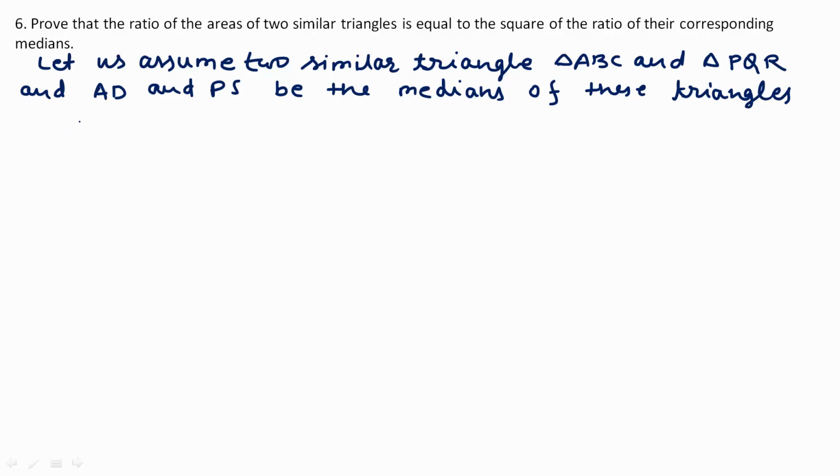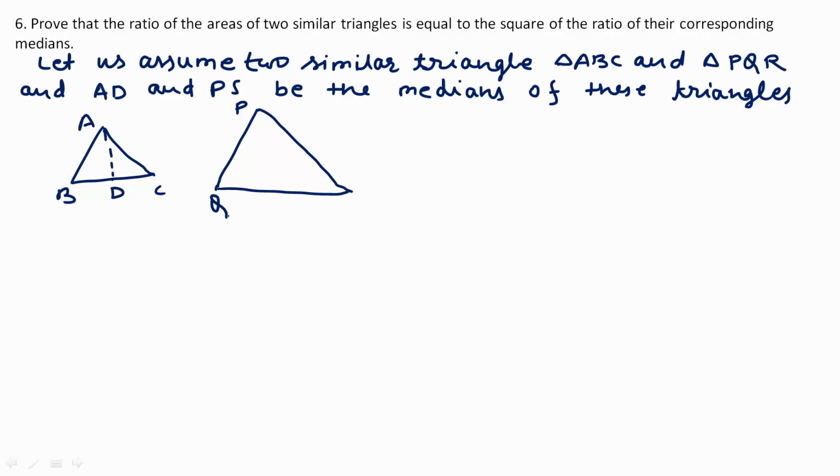See the figure here. This is your triangle ABC and AD is the median, and this is your triangle PQR where PS is the median of triangle PQR.